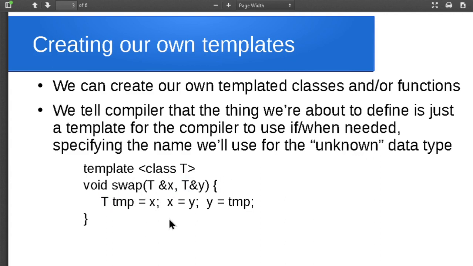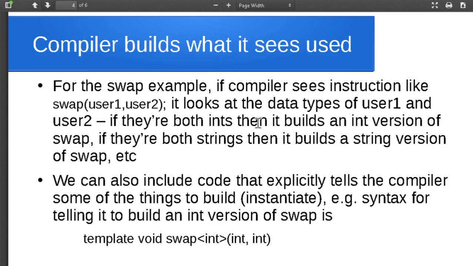So here I'm saying here's a template for a swap routine where they're passing two items by reference, both of this anonymous type T. We're going to create a variable also of type T, copy X into temp, Y into X, and temp into Y, the usual swap idea. So when the compiler sees something like swap X and Y or swap user1 and user2, it checks to make sure they're both of the same type and then builds a version of swap from that data type and the blueprint.